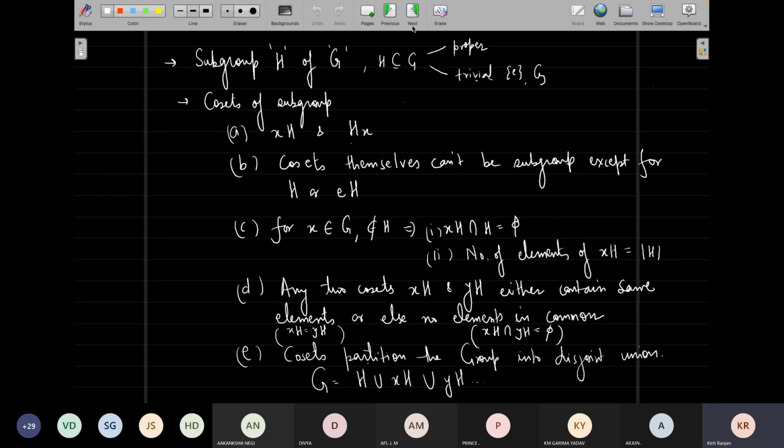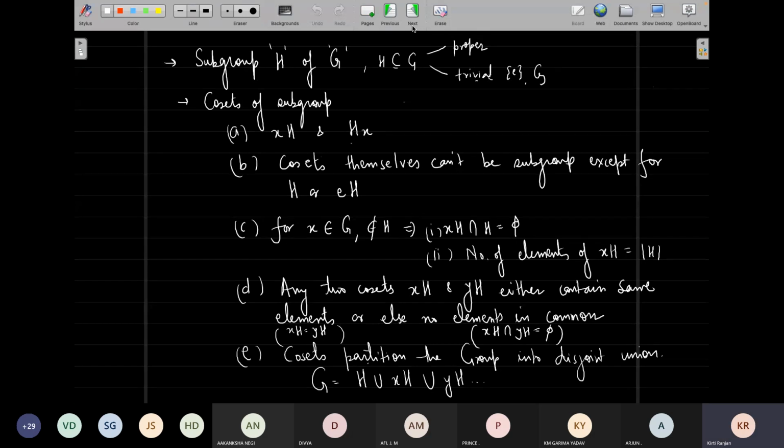This is important. Any two cosets xH and yH either contain the same elements, that means xH is equal to yH, or else no elements in common, that is, xH intersection yH is phi.